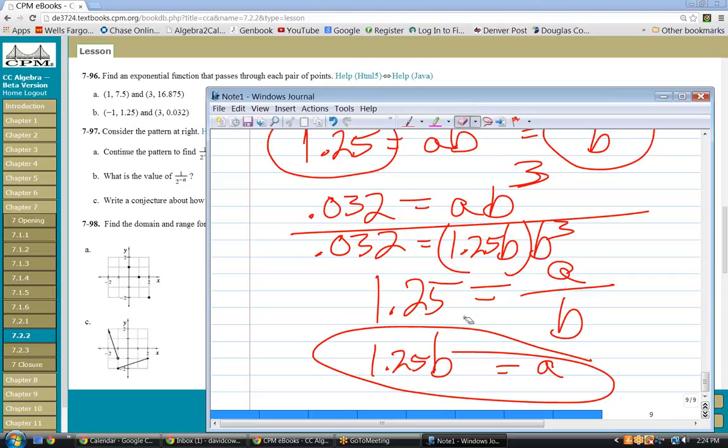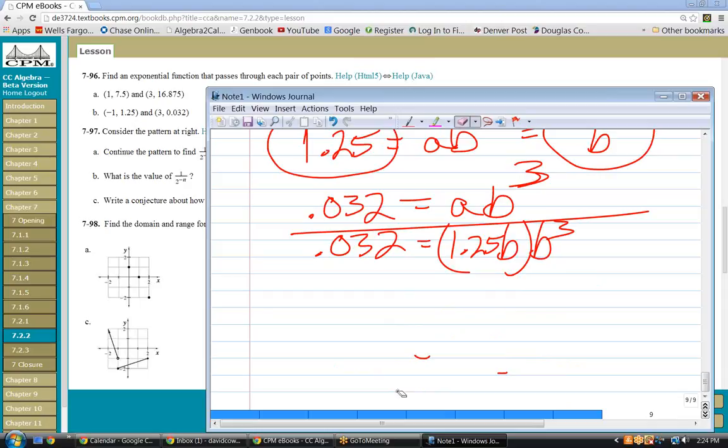See that? Okay, now what's my next line? 0.032 equals... I don't know how to do that.